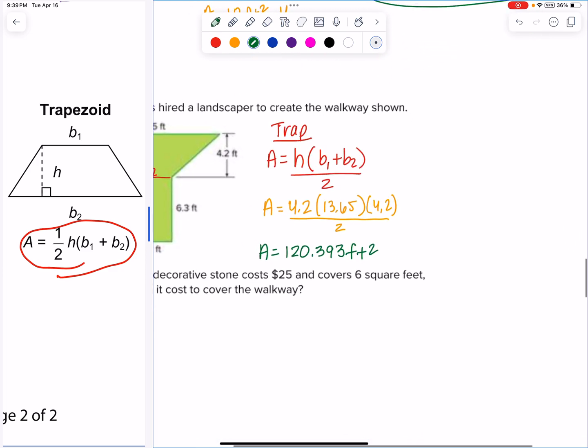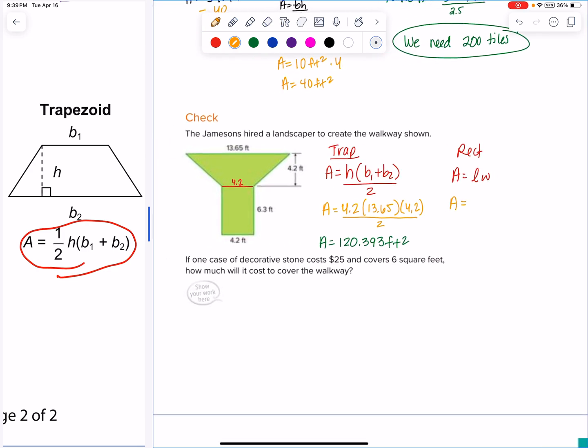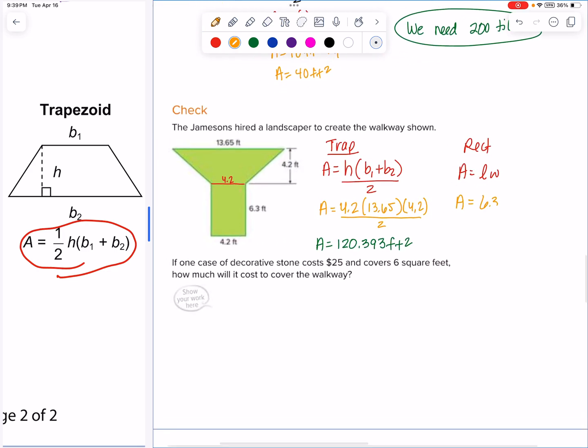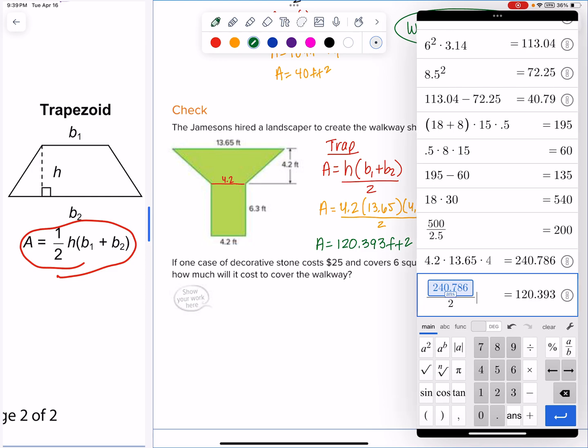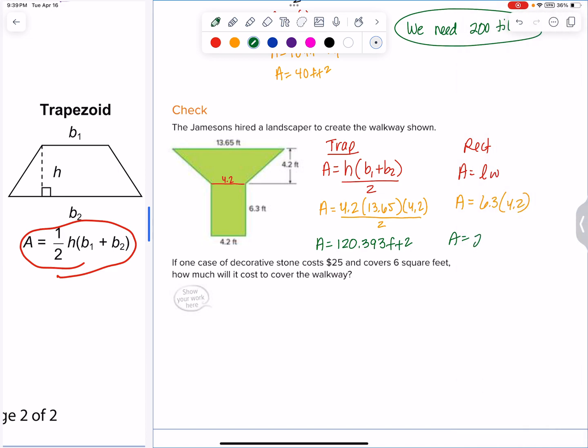Let's go ahead and do the rectangle. We know that rectangle formula is area equals length times width. So let's go ahead and plug this one in now. The length is 6.3. The width is 4.2. Nice, easy area problem. Area equals 6.3 times 4.2, and we get 26.46. And that's feet squared because we're doing areas.